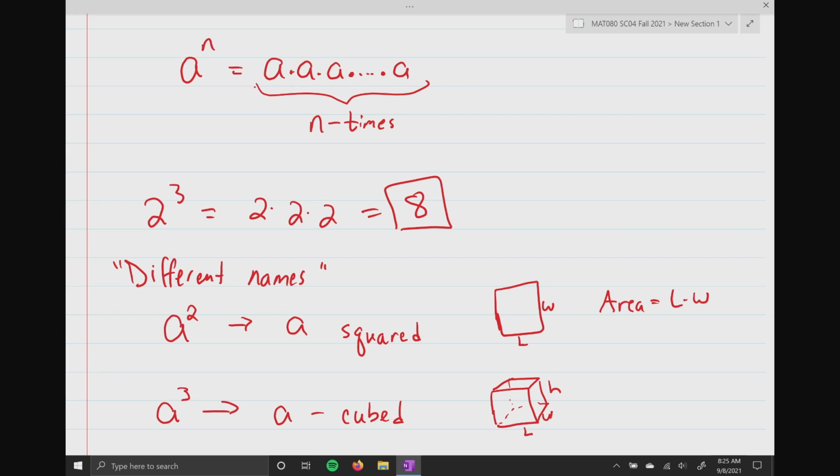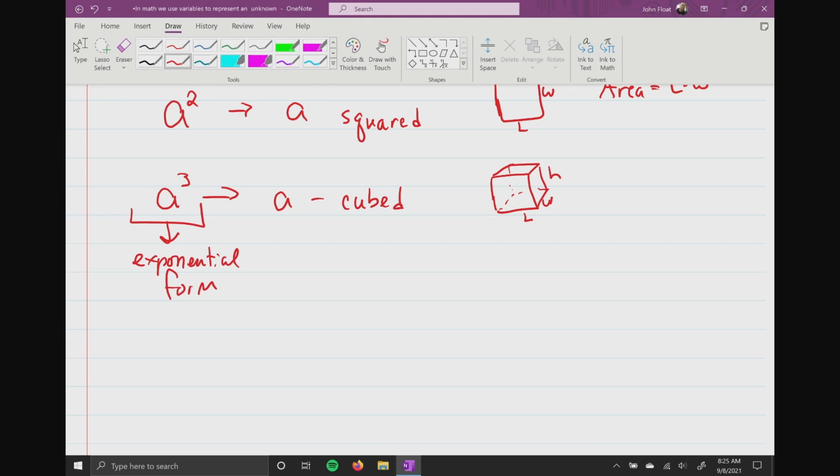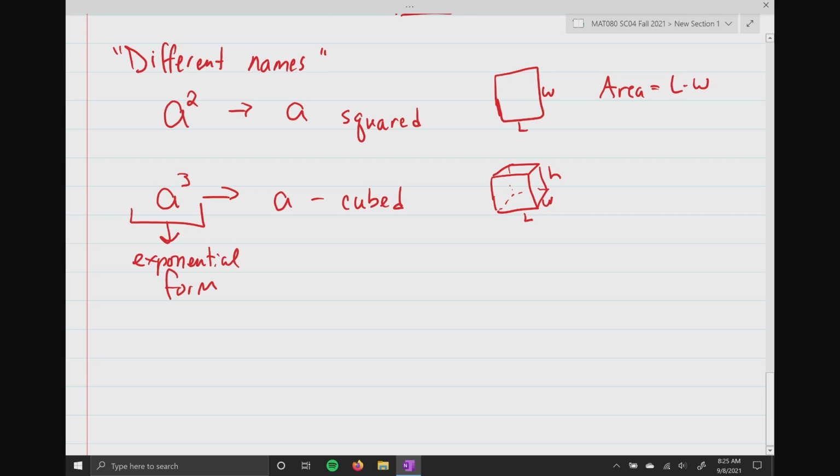All right, so what I want us to do right now is I'm going to give you expressions, and I want you to convert them back into what we call exponential form. Now, exponential form is right here. This is exponential form because it contains an exponent. We won't do too many of these because I think once you see it, you get it. So here are a couple examples.